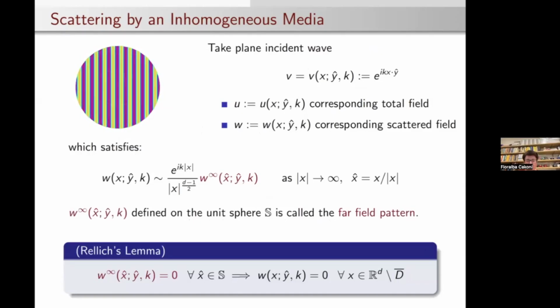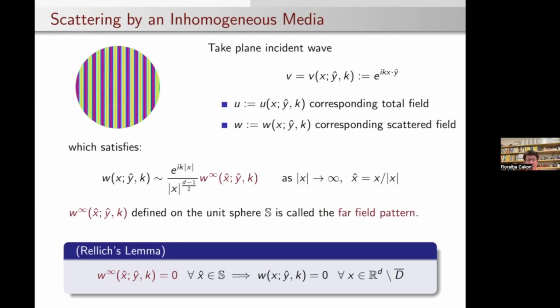It is known in scattering theory that if you look far away from the inhomogeneity, the waves are going to look like spherical waves, and so the first term in the far field asymptotics looks like this.